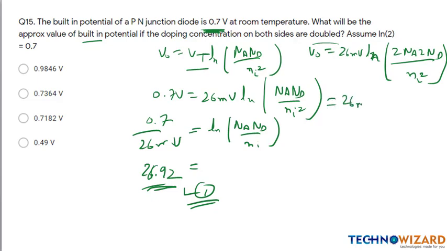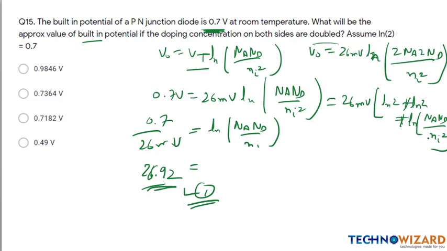I am writing this as ln2 plus ln2, separating it by adding all these elements Na Nd Ni square.